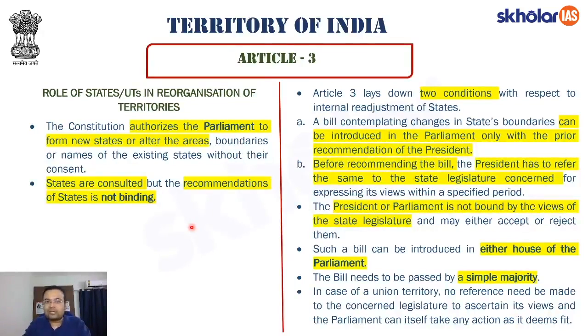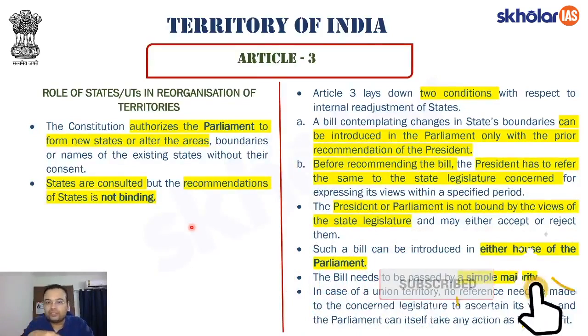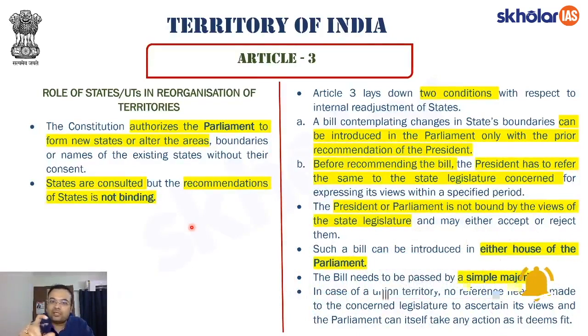So essentially what we cannot have is a provision where the state legislature will have the power to accept or reject the idea of creating new states or letting go of some part of its own state to some other state. We would want to empower the Union in this respect to take that decision which will be in the interest of the nation. It certainly cannot be that we are empowering those forces which are trying to defect away from India.